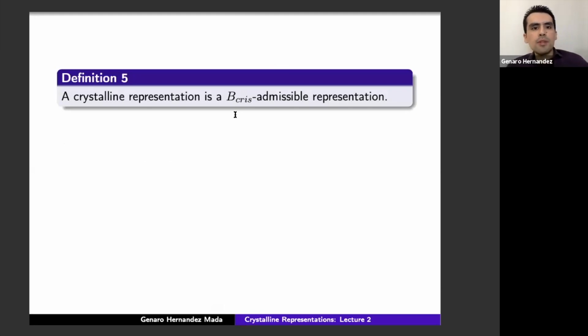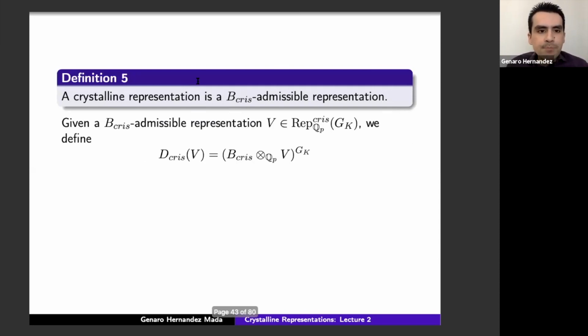And so we are going to call a B Cris admissible representation just a crystalline representation, okay? And I can do something very similar to what I did for the de Rham representations, in which I defined the functor D dR. Now I'm going to define the functor D Cris.